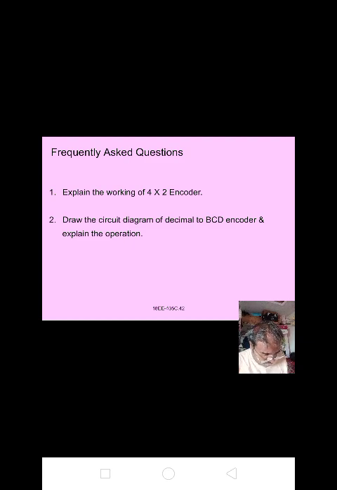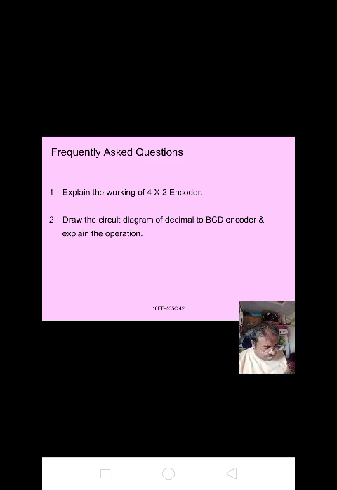Here the inputs are 2 power n inputs and the outputs are n outputs. Please draw this diagram.